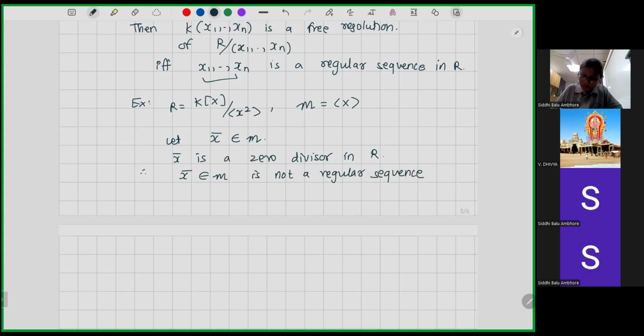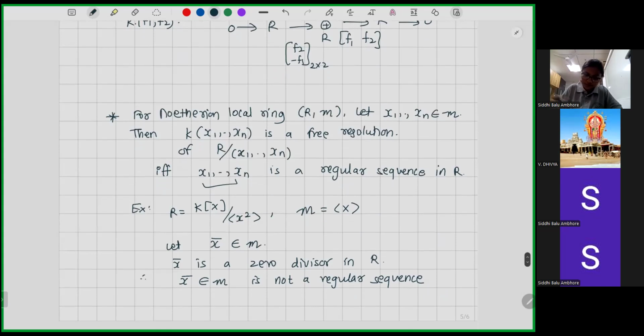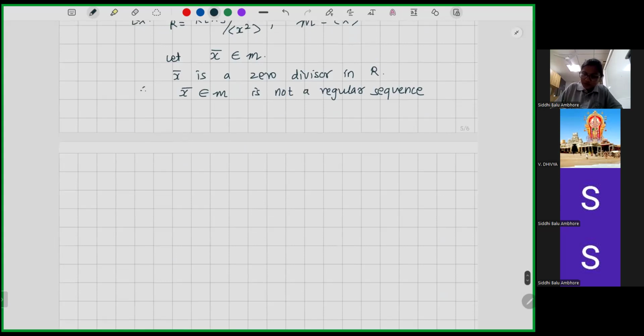Therefore, by this fact or theorem, whatever, the Koszul complex of x bar is not a free resolution of R mod x bar.